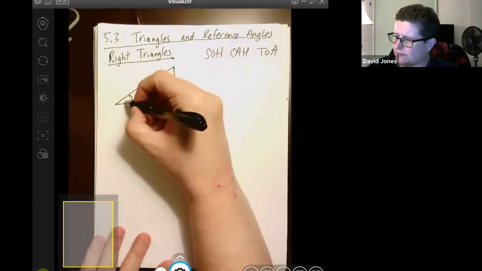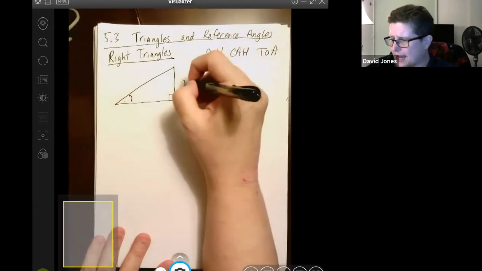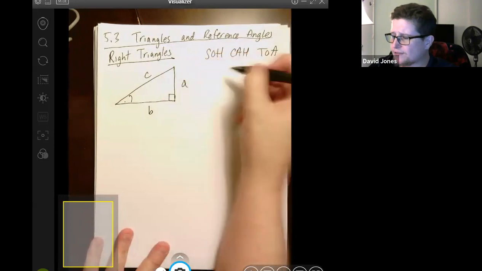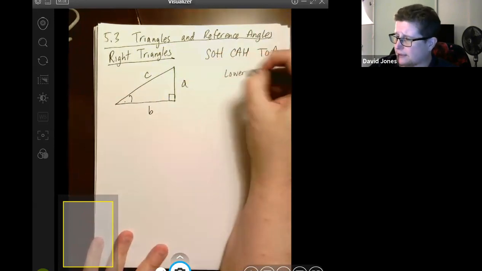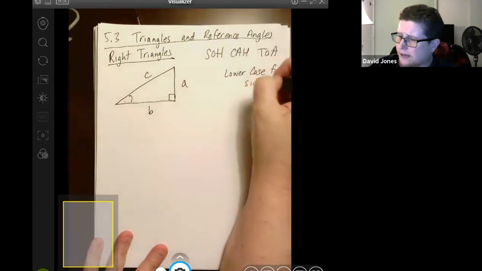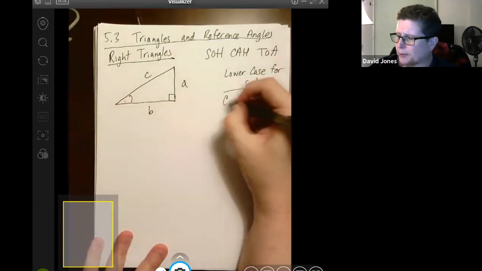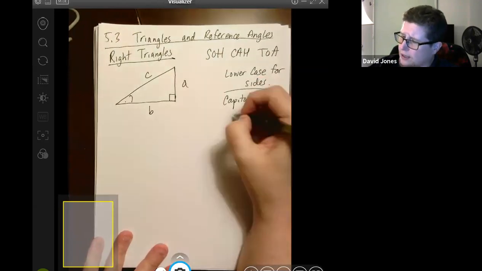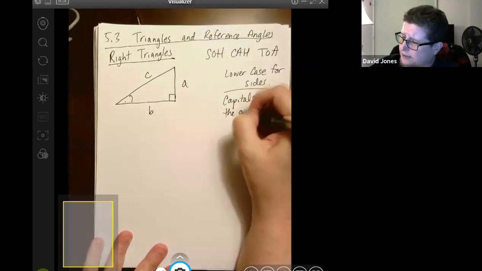We'll call this side a, side b, side c. We tend to use lowercase for the sides, and capitals for the opposite angles.